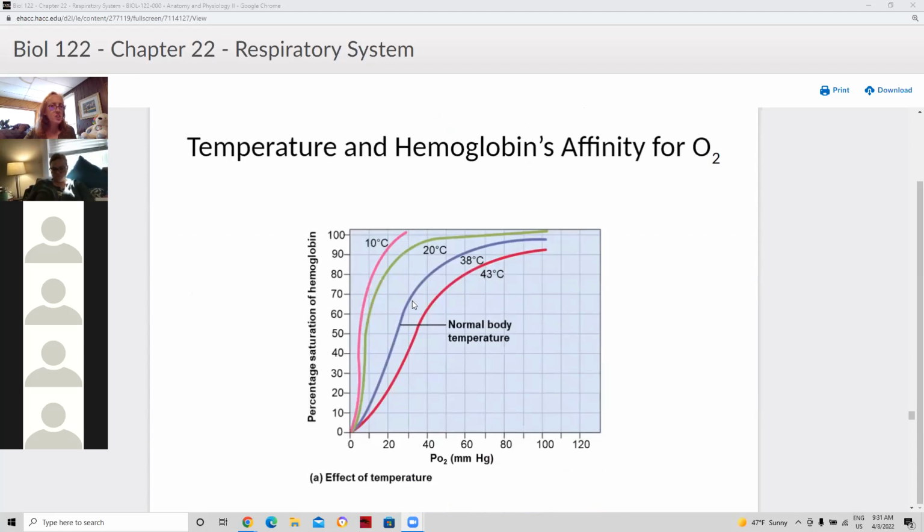With increased temperatures, the hemoglobin is more likely to give up and release the oxygen. As the temperature decreases, the hemoglobin is less likely to give up the oxygen.